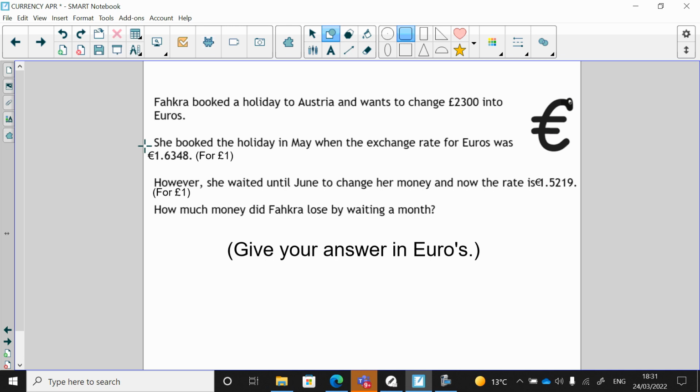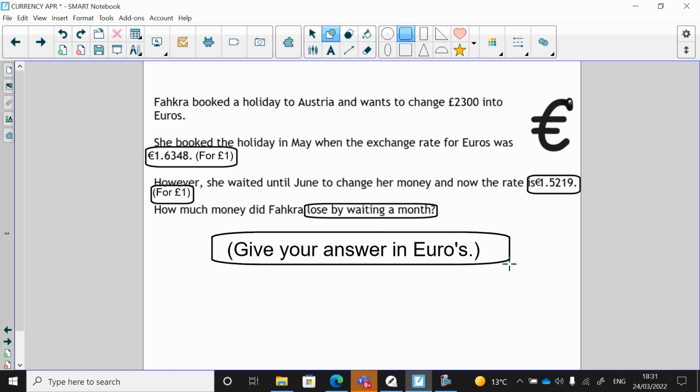If they did change it in May, which they didn't, it'd be 1.6348. However, they waited until June when it was a little bit less. So they're actually asking how much did they lose by waiting a month.